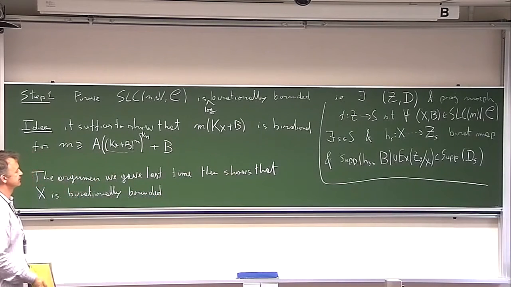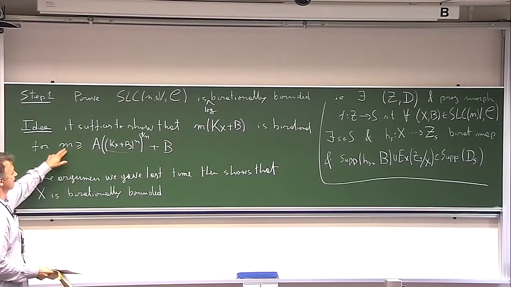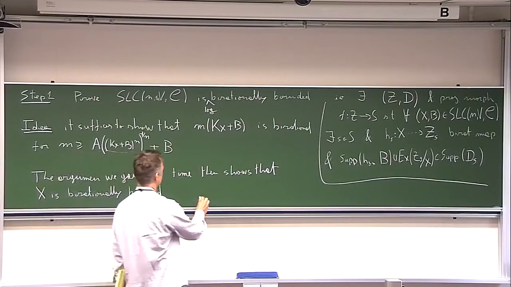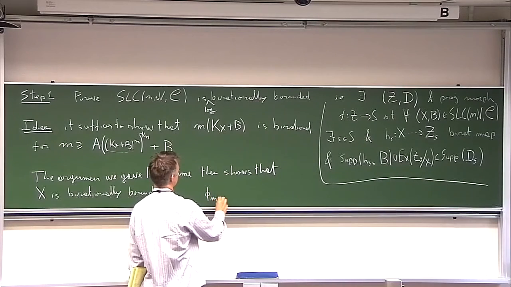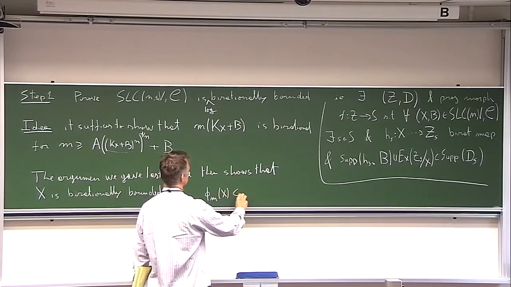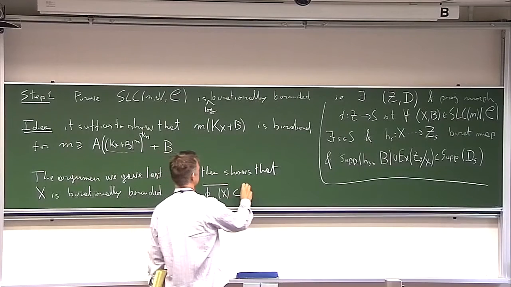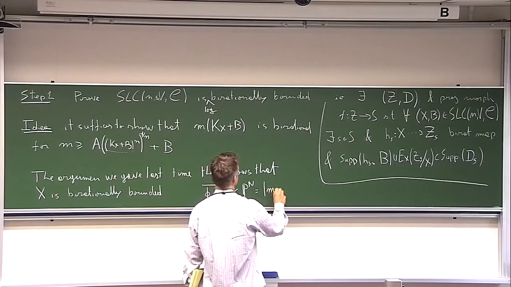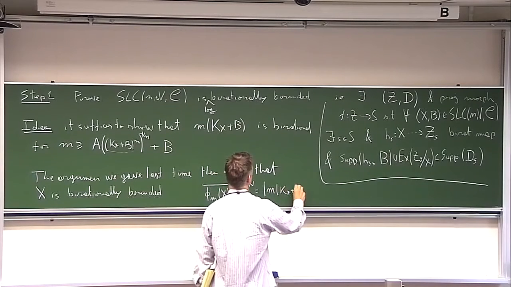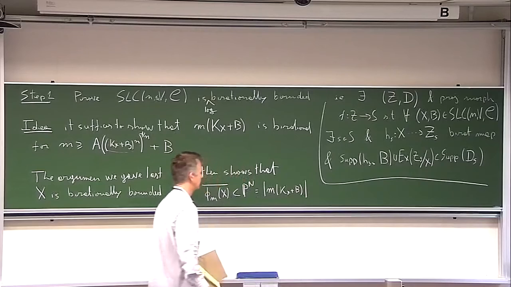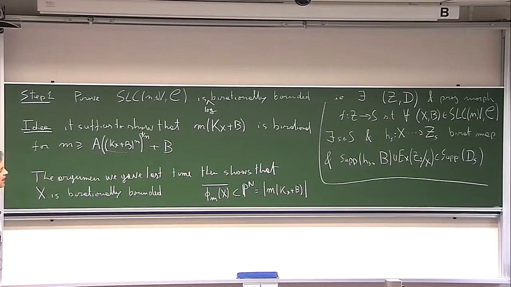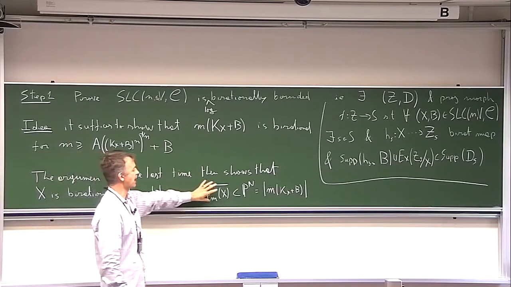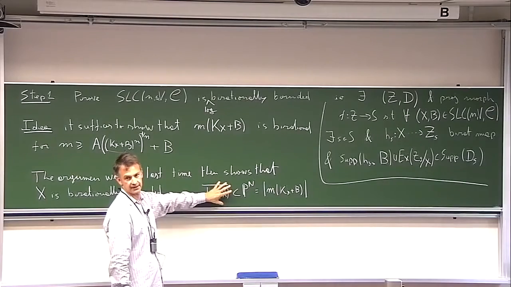Remember, the point is, we know that this guy here induces a birational map. So we look at phi m of x, take its closure, which is contained in some projective space corresponding to the linear series m kx plus b. And having this kind of estimate automatically gives us an upper bound of the degree of this guy.